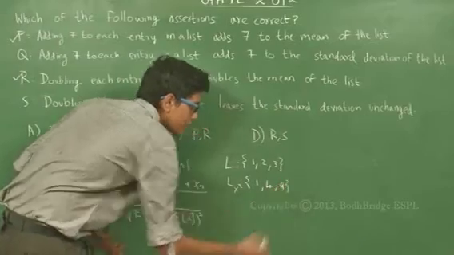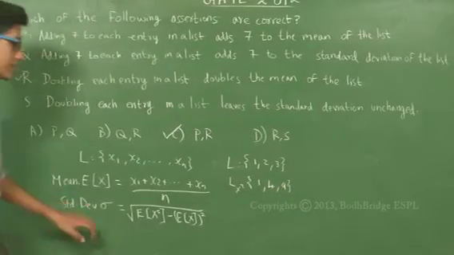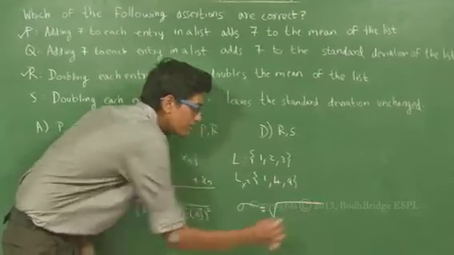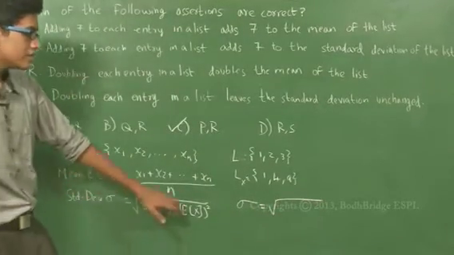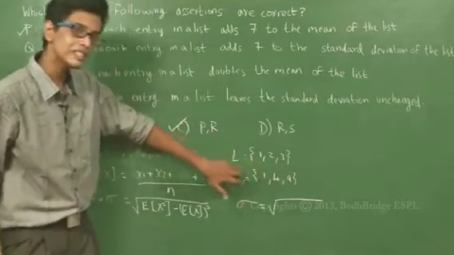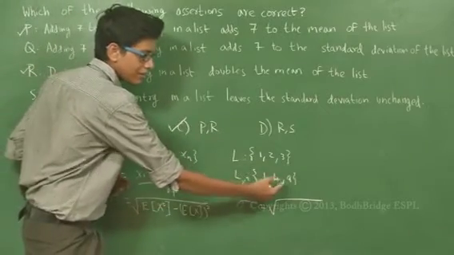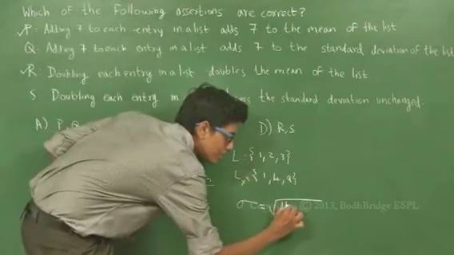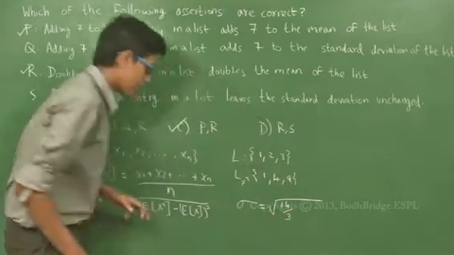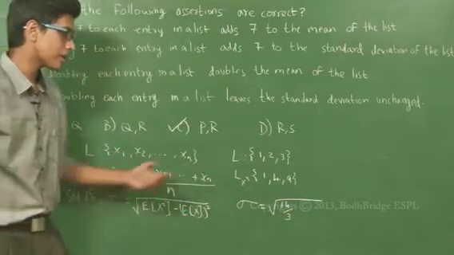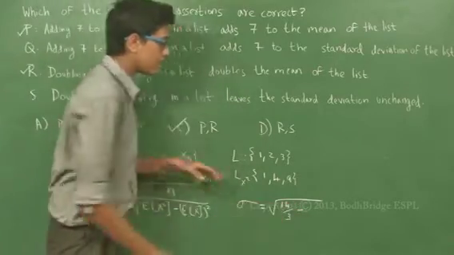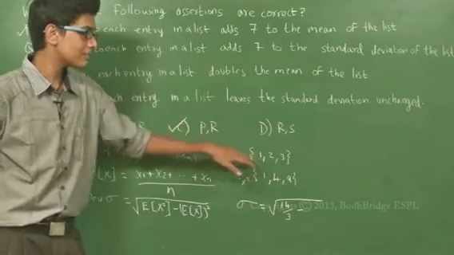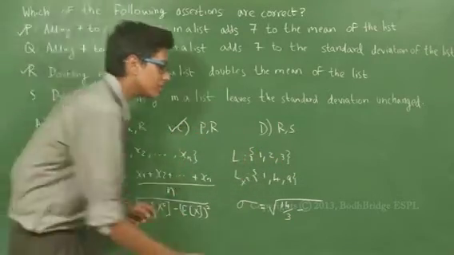The mean of this list is 9 plus 4, 13, plus 1, 14, so 14 by 3. Then the mean of x is 3 plus 2, 5, plus 1, 6, 6 by 3 is 2. So 2 squared is 4.